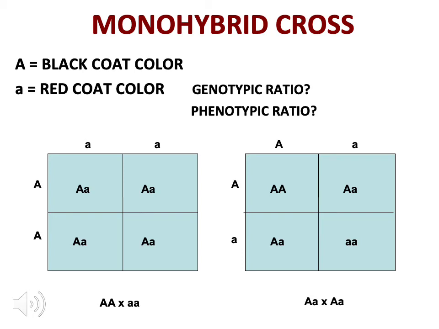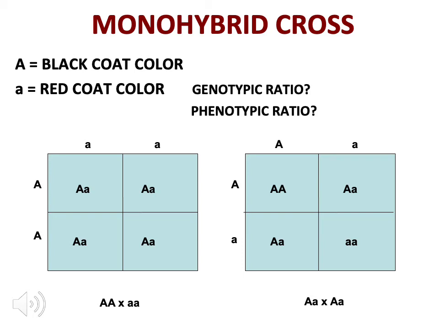So, out of this mating, what's my genotypic ratio? My genotypic ratio at this point is the number of homozygous dominants compared to the number of heterozygous compared to the number of homozygous recessives.